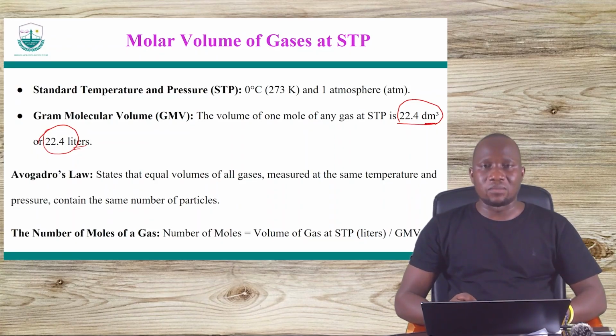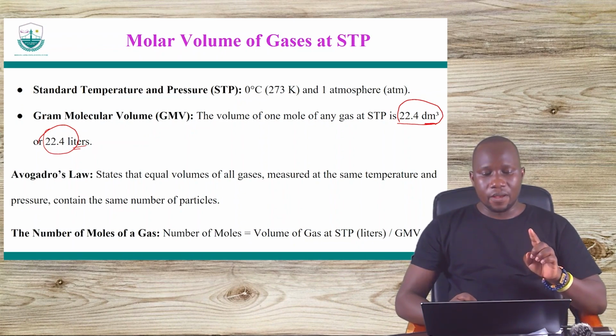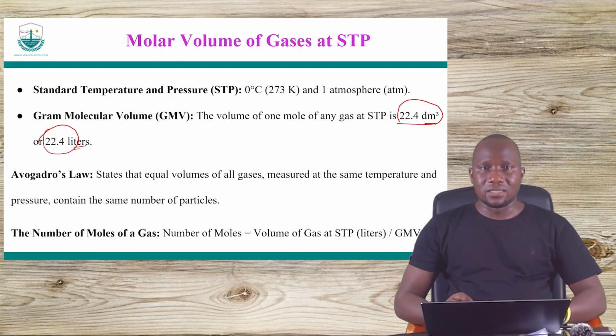So here a law comes in, which is Avogadro's law. That law states that equal volumes of all gases measured at the same temperature and pressure contain the same number of particles. As long as we have the same volume of gases at the same temperature and pressure, the particles will always be the same.